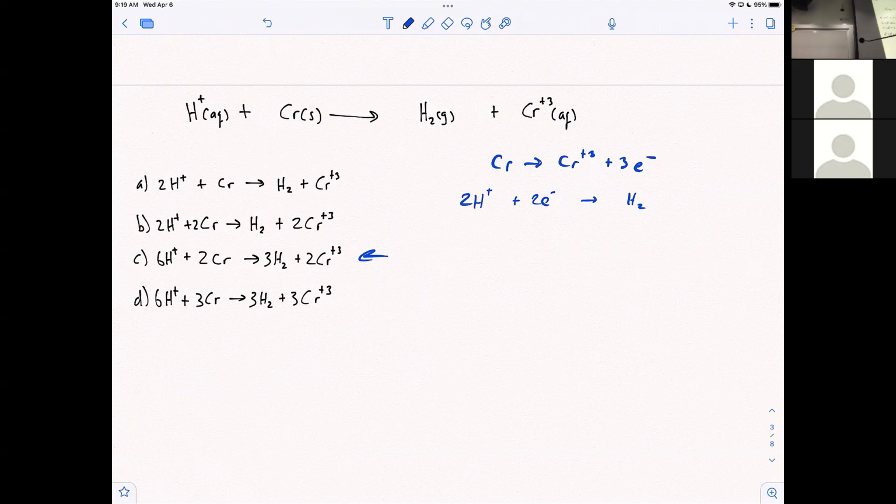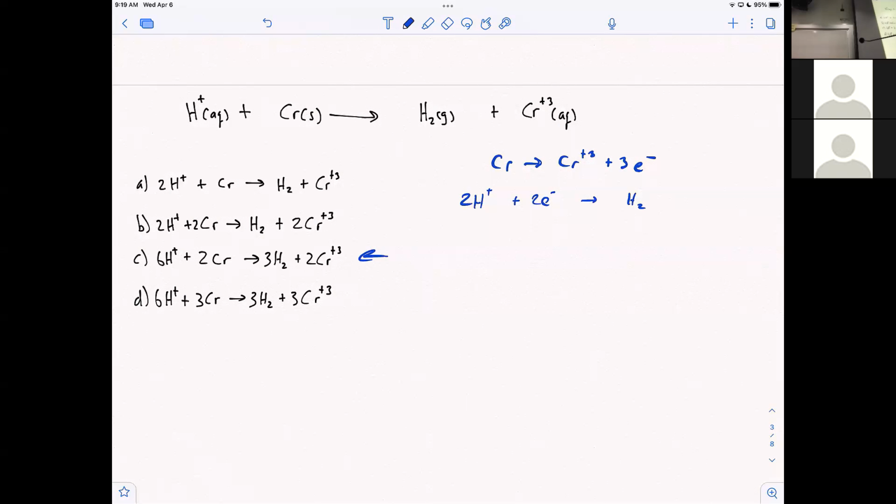So, reactions, chromium is generating 3 electrons. Hydrogen is consuming 2. So if you go to the lowest common denominator, 6, yeah.